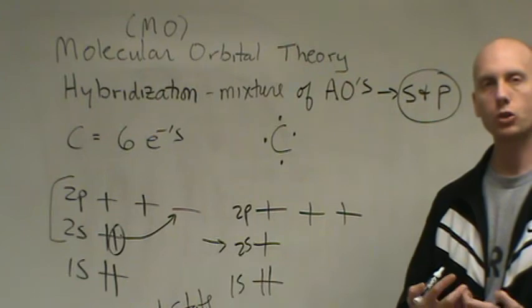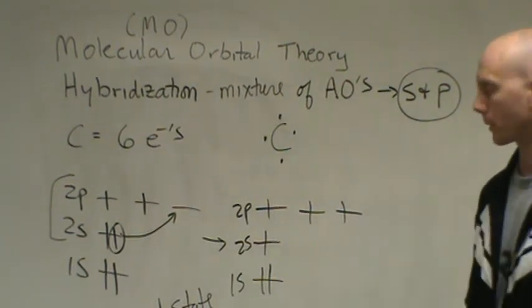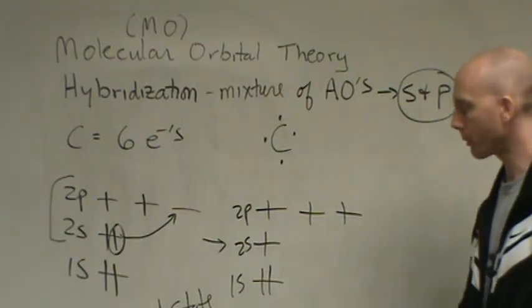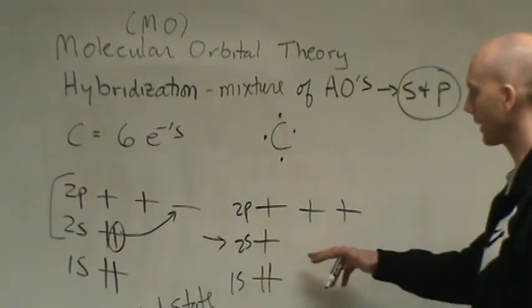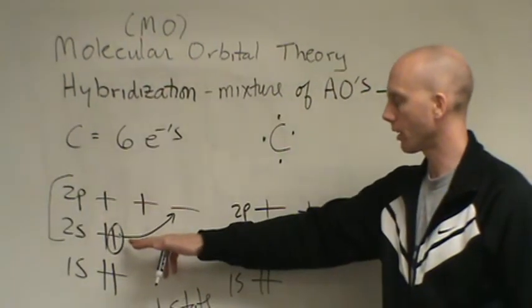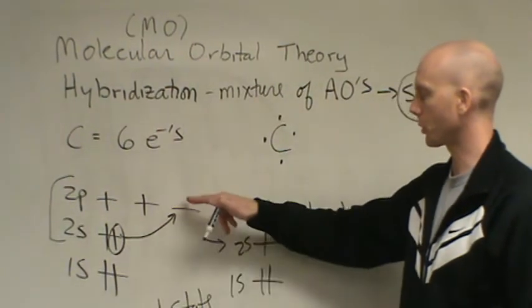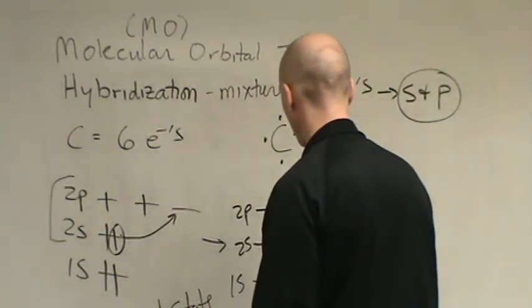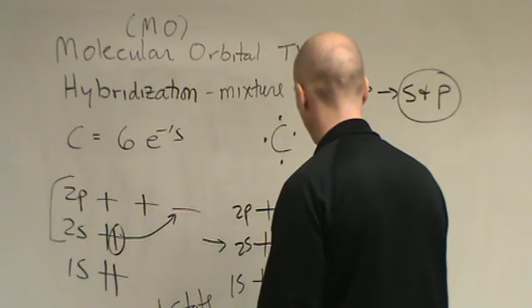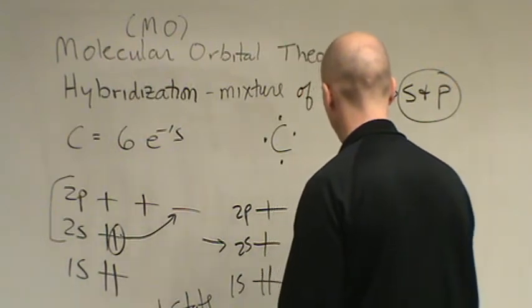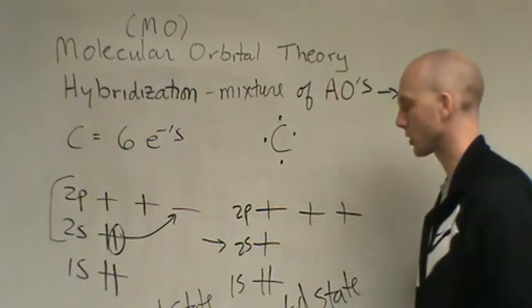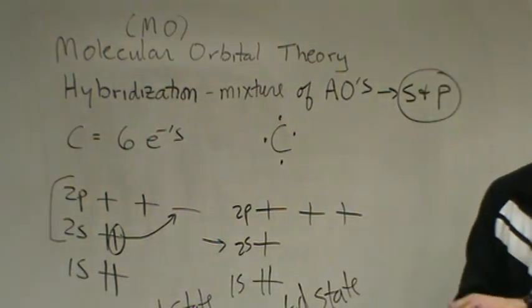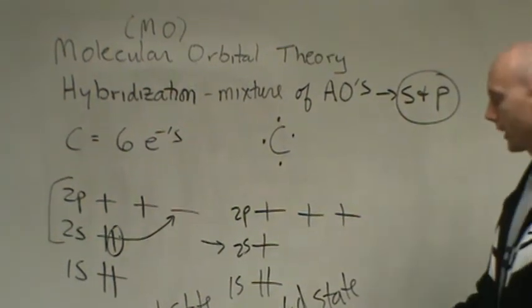And the way we make them all equal is by hybridizing them. But before we do that, this state here, where we have promoted a lower level electron to a higher energy state, is what's called the excited state for carbon. The excited state.